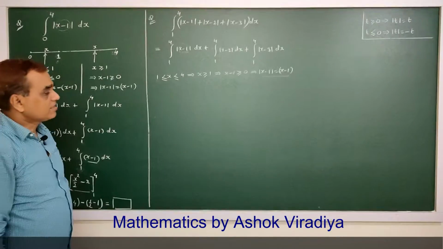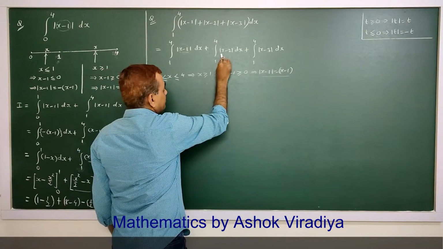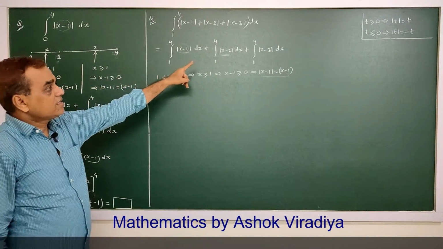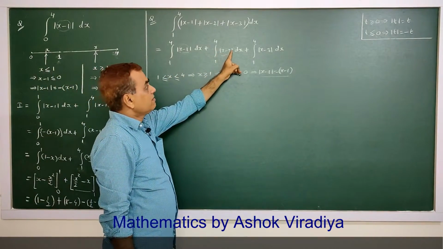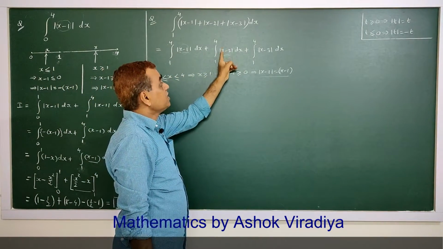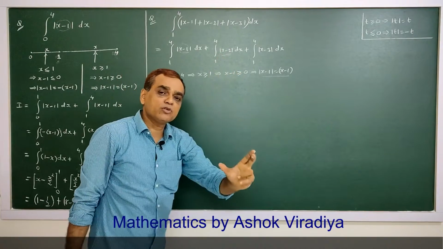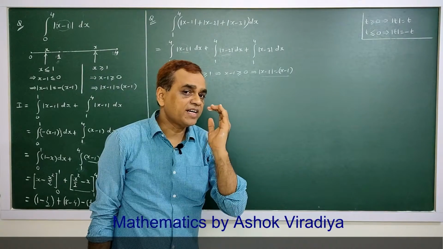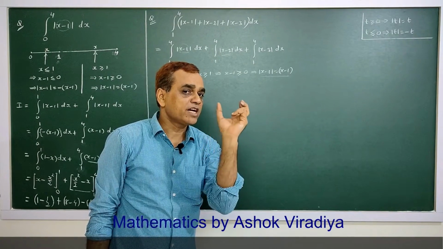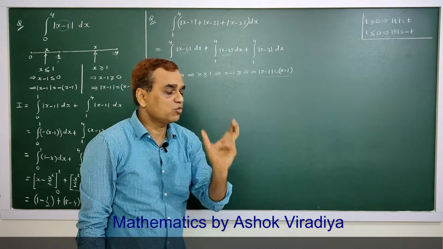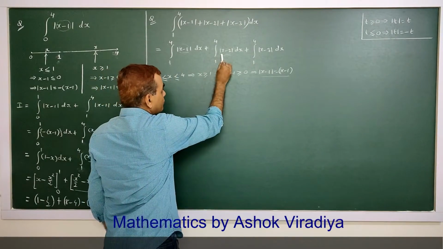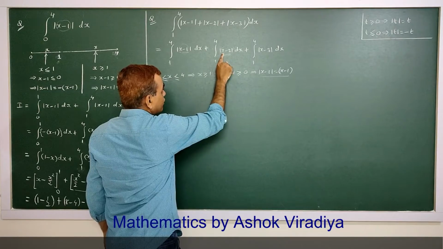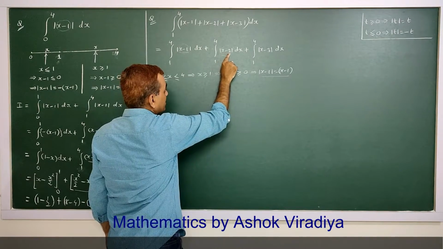Now second part. Here, what is the value of x for which this is 0? Every time to remove modulus, the first step is to find x for which the term inside modulus has value 0. So if you observe x minus 2, putting 2 here, this becomes 0.